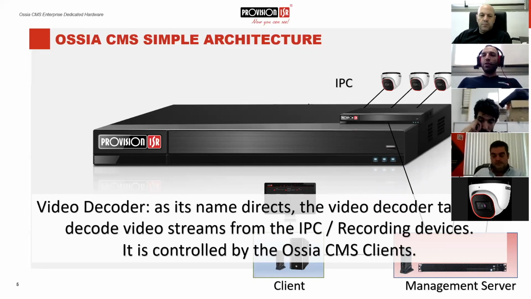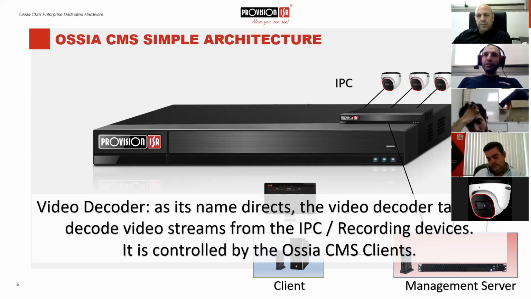If you need a decoder, you must get it from us. The decoder, like its name, its sole purpose in life is to decode videos. Okay, you can connect 4 monitors to it. Usually we will use decoders in control rooms where you need a lot of monitors, or you need a lot of videos to be played.